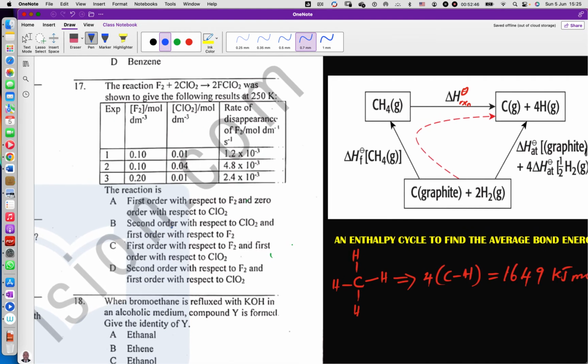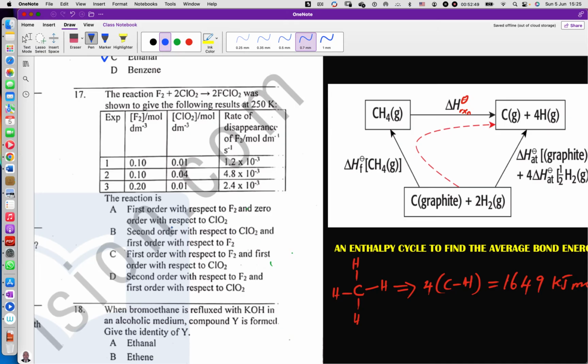In order to calculate the order of reaction, one thing you must do is keep one concentration constant and use the concentration of the other one and the corresponding rate. For instance, if we want to calculate the order with respect to fluorine, we need to keep the chlorate constant. In this case, we are going to keep this constant.